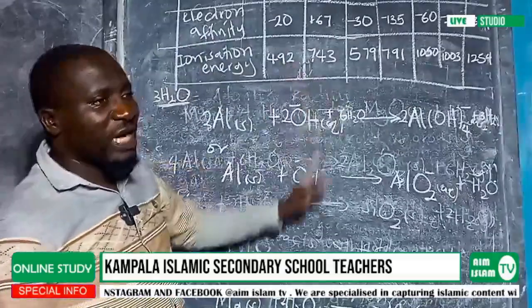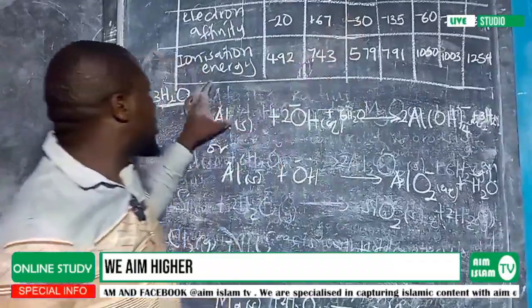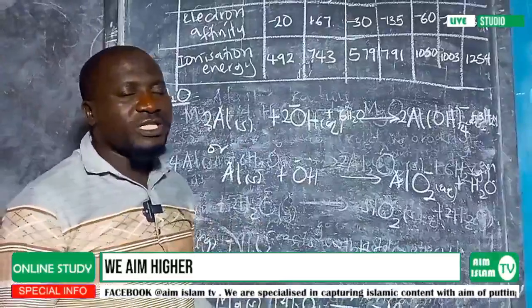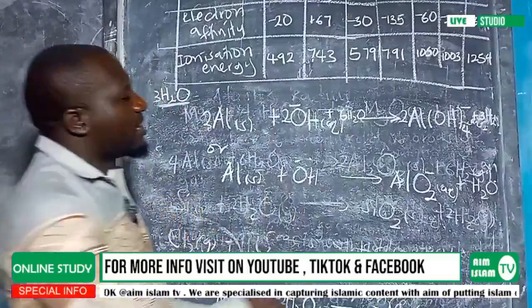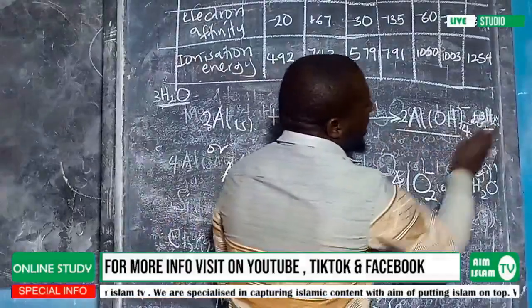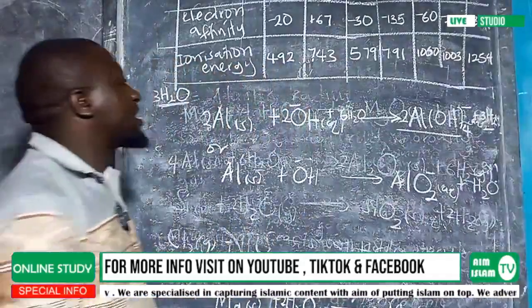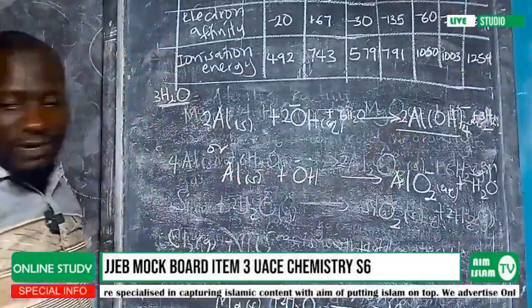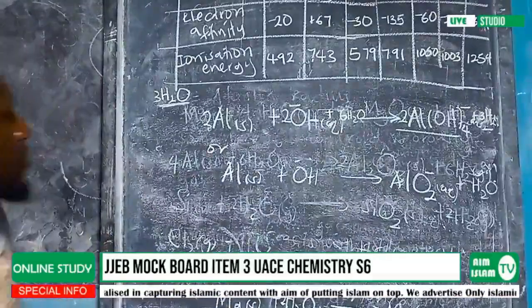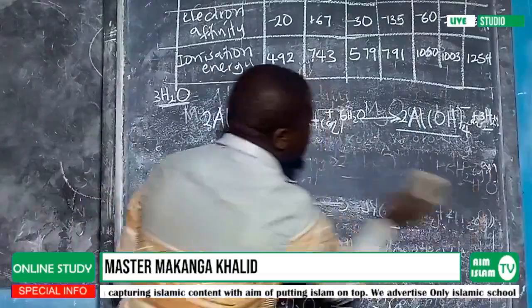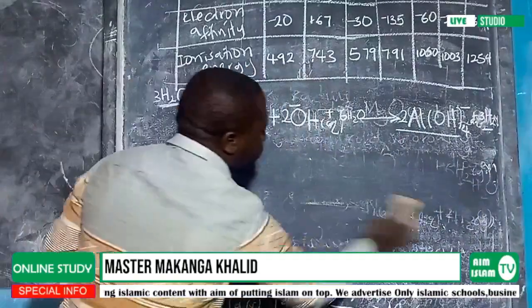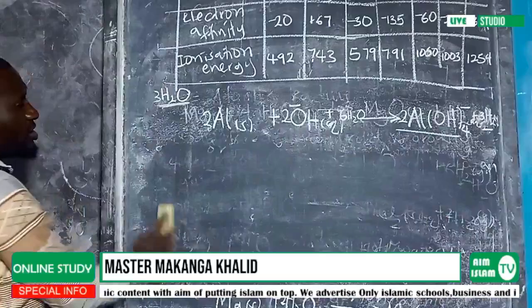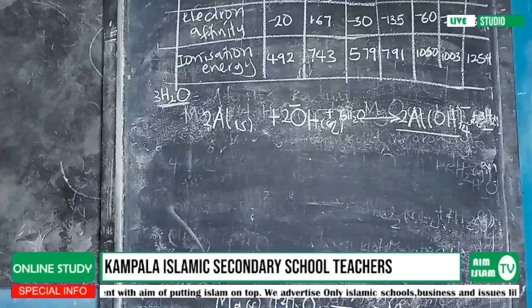But aluminium reacts with both concentrated and dilute alkali, forming aluminate and hydrogen. When you respond, don't write two equations, just write only one. That's why I have removed that.